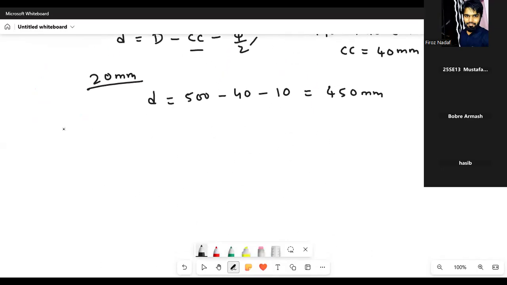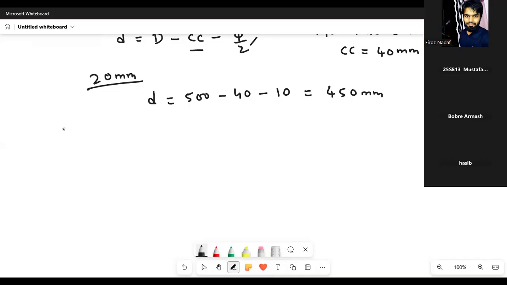So the effective span of the bridge, in the same way we need to find as we find the effective span of the slab in case of a building, the effective span of the culvert. How are you deciding the effective span of the slab in case of an RCC building? In the same way, you have to decide the effective span of the bridge.